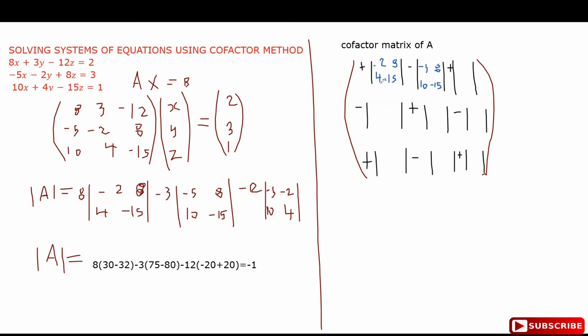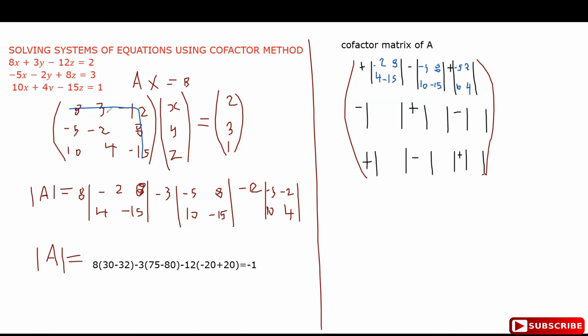Then the cofactor for the element 12, we cross out its row and column to get minus 5, minus 2, 10, 4.